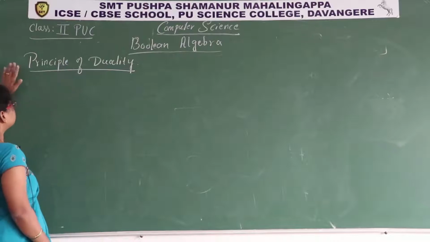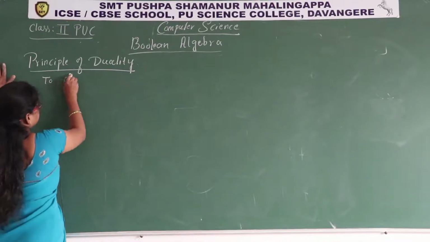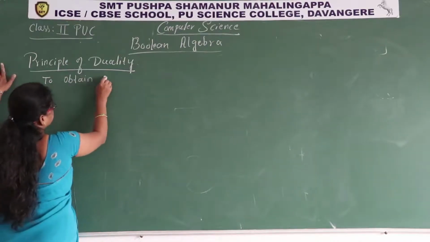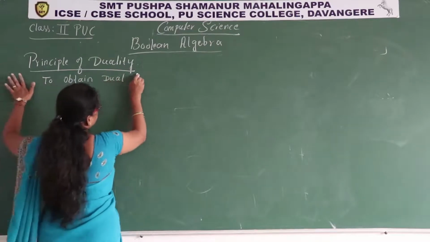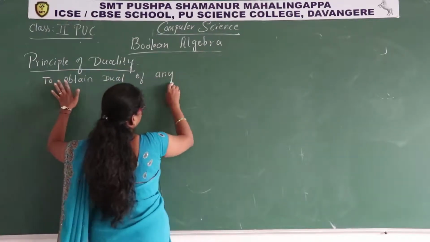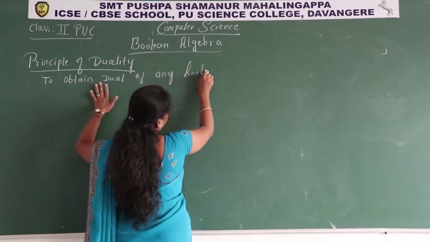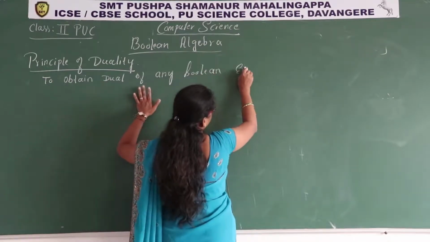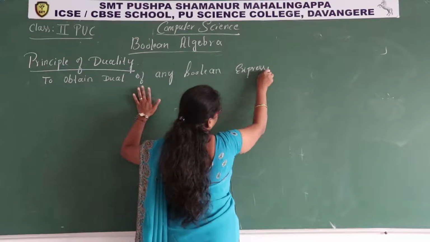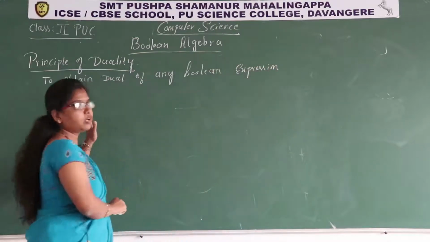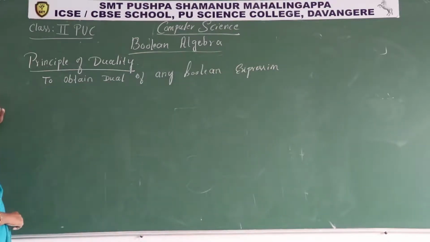It states that to obtain dual of any Boolean expression, what we have to do to get the Boolean dual of any expression?